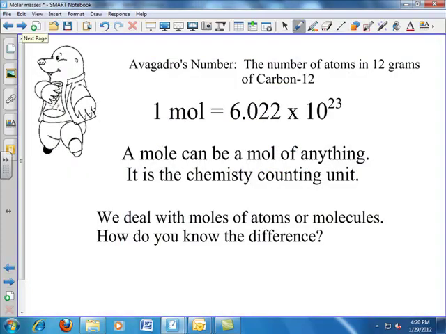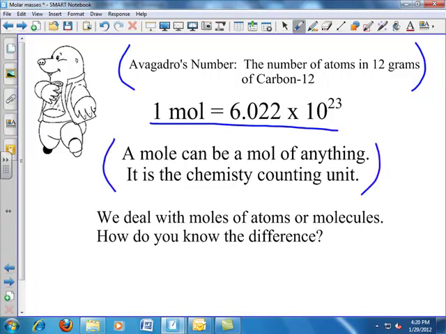Now, we've been talking about Avogadro's number and the fact that it is the number of atoms in 12 grams of carbon. You do not need to write this because you already have it. And we know that Avogadro's number is 6.022 times 10 to the 23rd. And we've also talked about the fact that a mole can be a mole of anything.